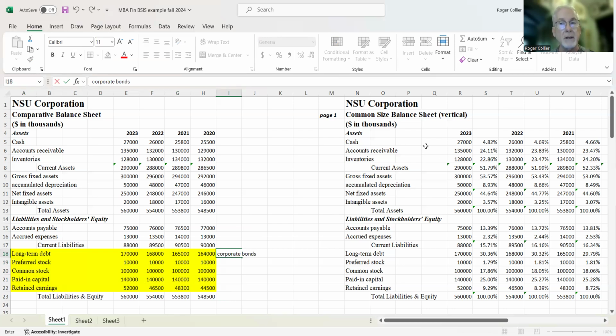But for now, it's enough to say that the money in that account, that 164 million right there in 2020, that money got there because the company sold bonds. We'll talk about what that means, but for now, the company sold bonds. Who did they sell them to?